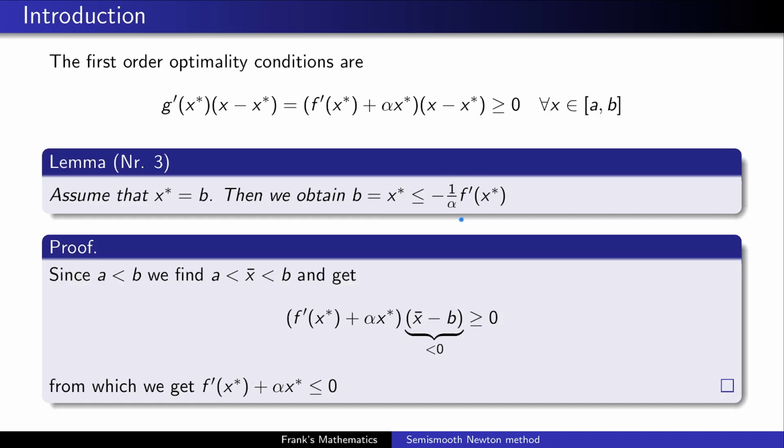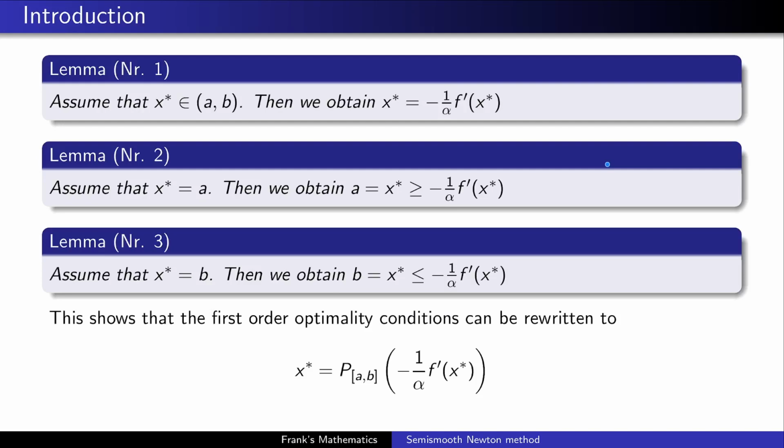So what is this all about? We have now proven 3 lemmas, 1, 2, 3, and you can see it here. And if you take a very close look, then you see that the first order optimality conditions for x star can be rewritten to the following fixed point equation, which makes use of the projection function.